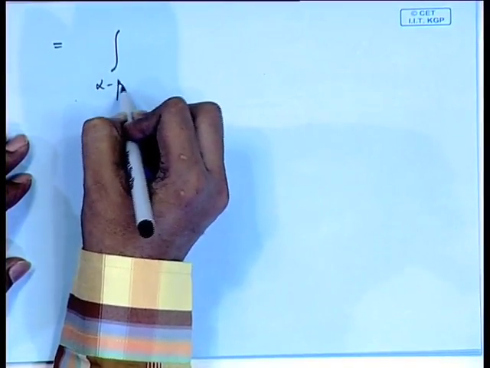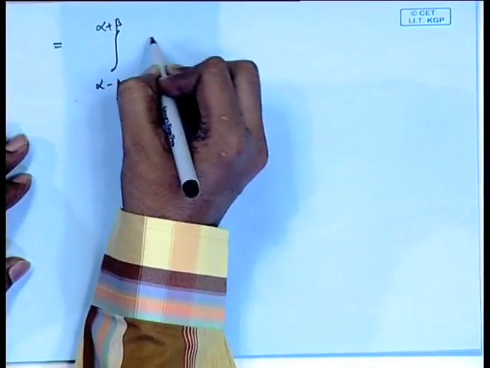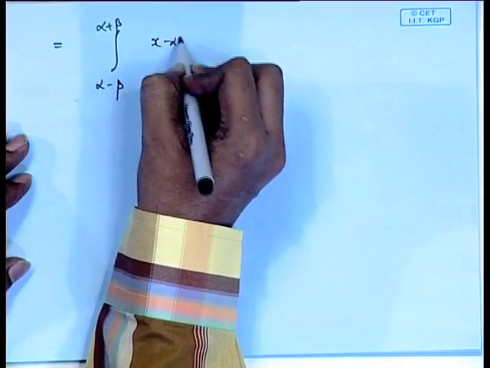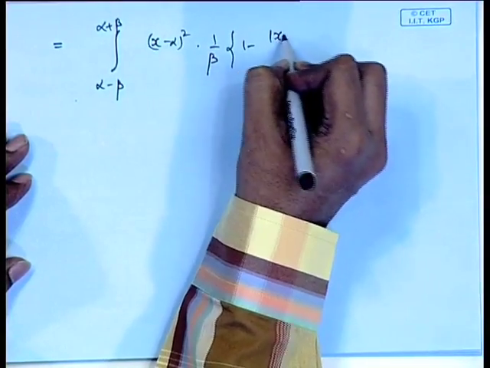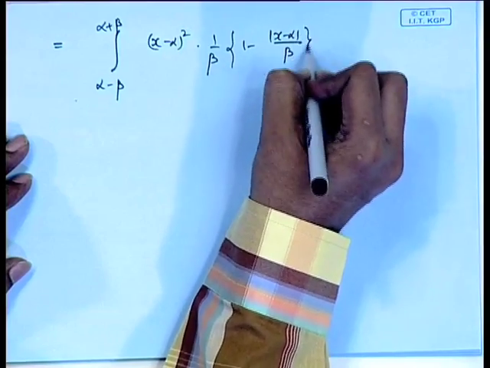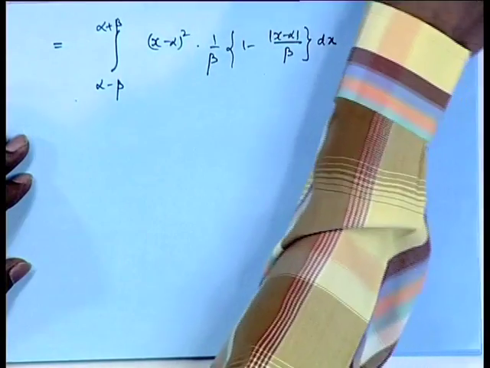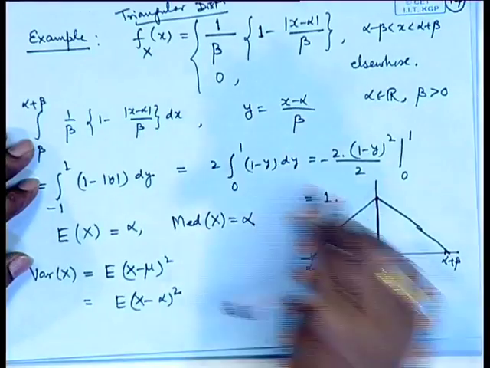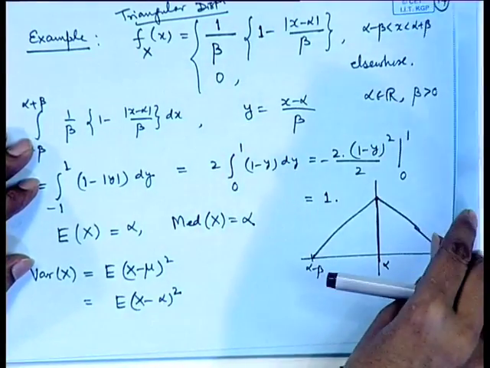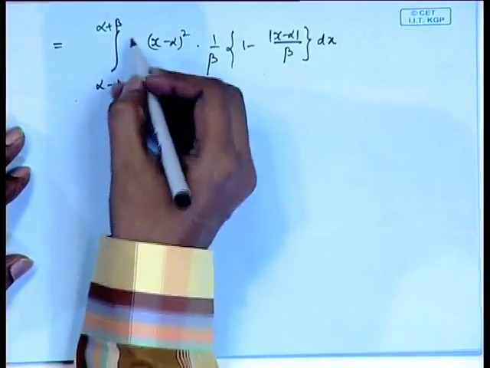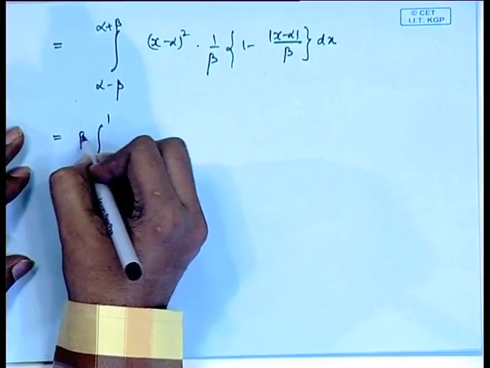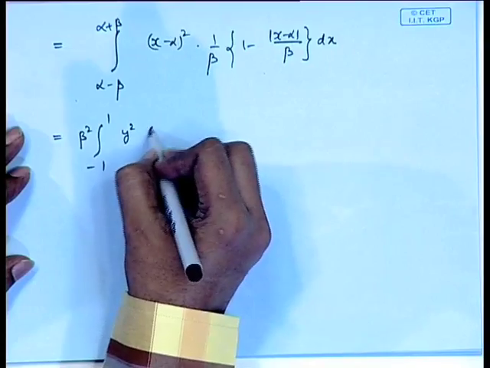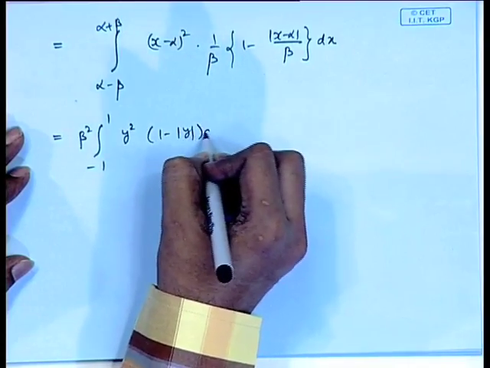So, this is equal to the integral from alpha minus beta to alpha plus beta of x minus alpha square times 1 by beta times 1 minus modulus x minus alpha by beta dx. In order to evaluate this, we can consider the same transformation y is equal to x minus alpha by beta. So, after substitution, this turns out to be the integral from minus 1 to 1 of beta square y square into 1 minus modulus y dy.